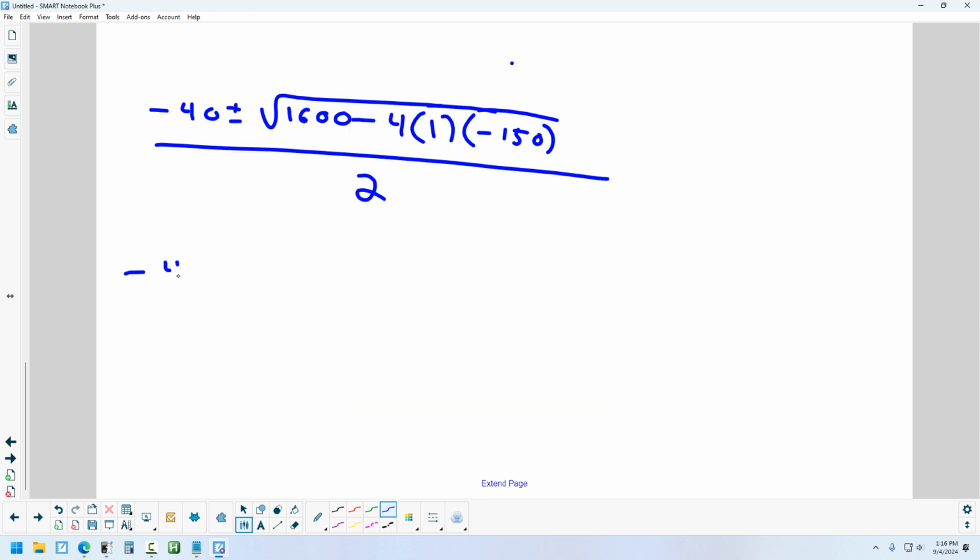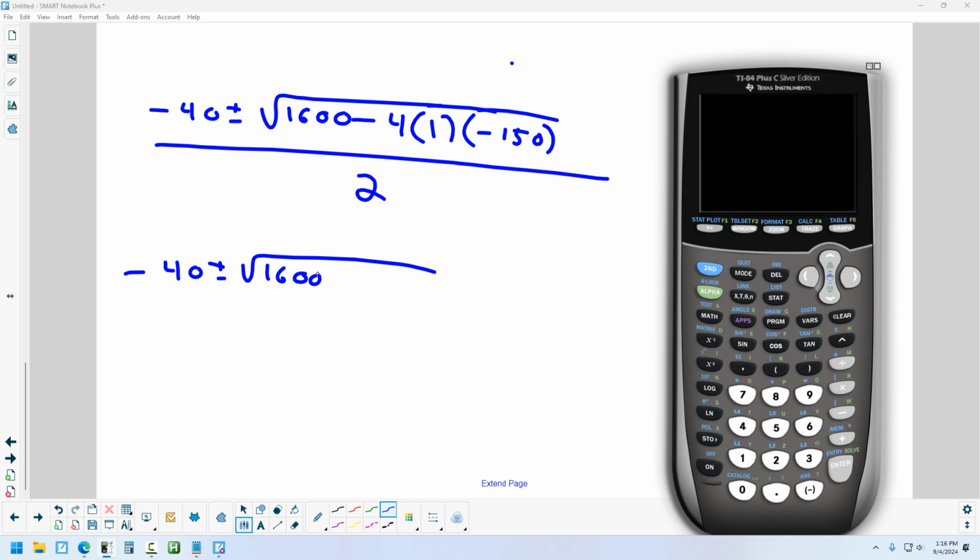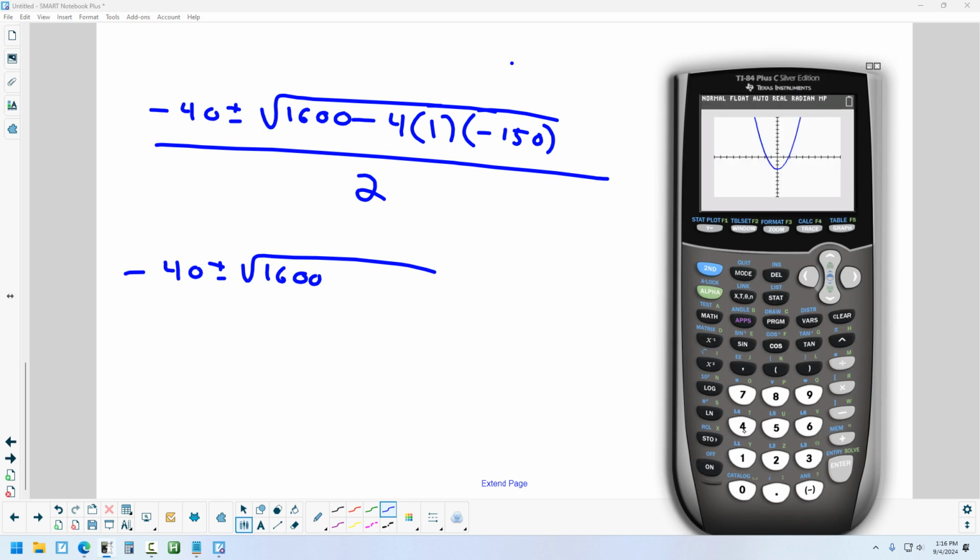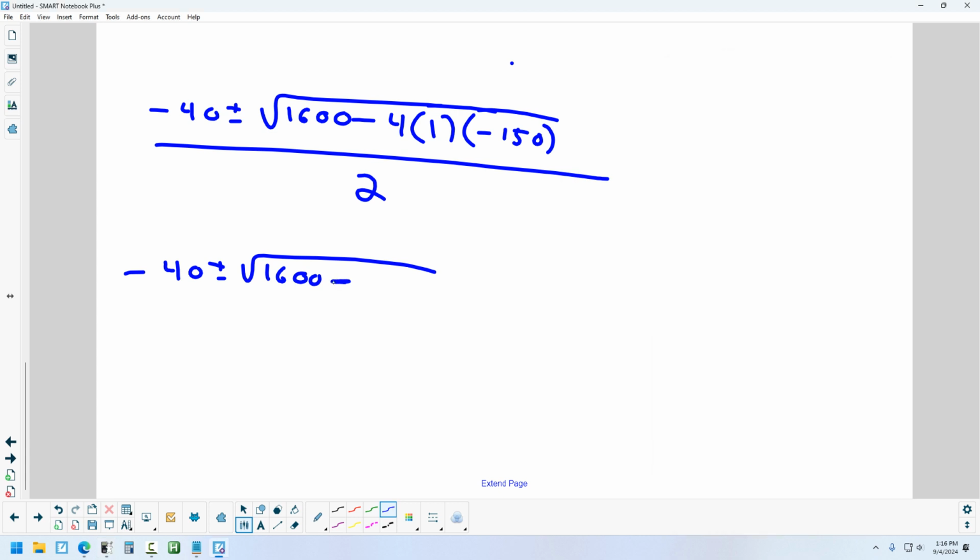All right, so we have negative 40 plus or minus, let's do 4 times 1 times negative 150. 4 times 1 doesn't do anything. That's negative 600. So the minus is from the formula, and then we have another minus with our number.